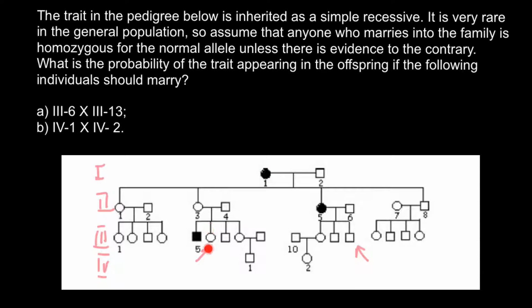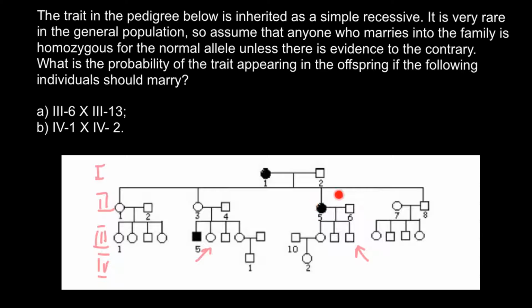If any of these people were homozygous normal, such a person wouldn't be able to transfer the recessive allele to the progeny. So in order to find the probability for these two people to have affected children, we have to find the probability for them to be carriers. The phenotype, as you see, is normal, but we have to find the probability for one of the alleles to be a defective recessive allele.